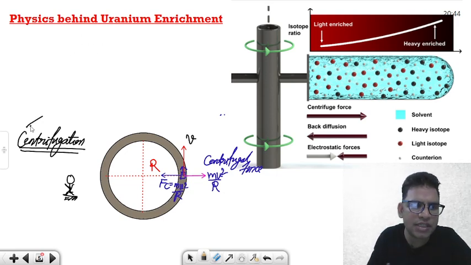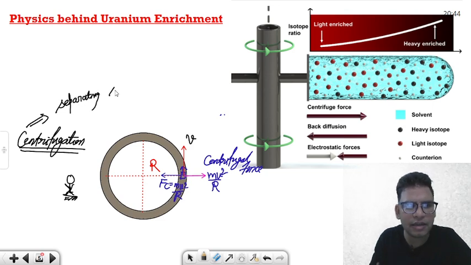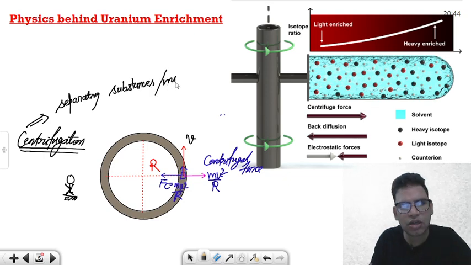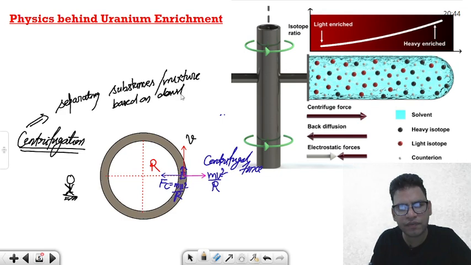So centrifugation is a method of separating substances or mixtures based on density difference, right? And density has to do with mass, right?